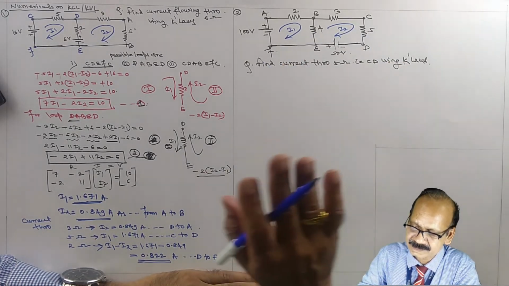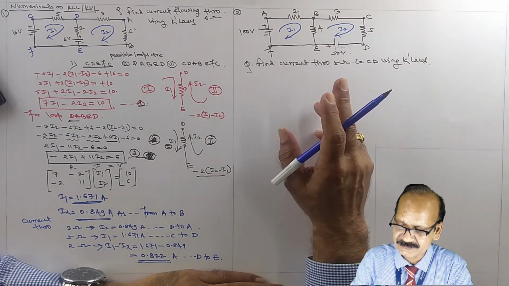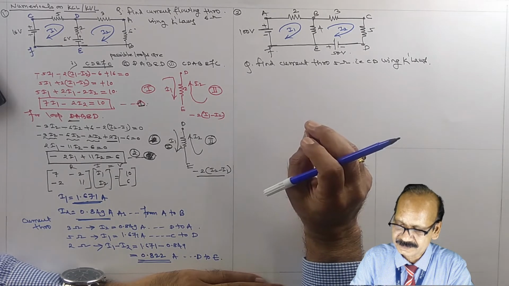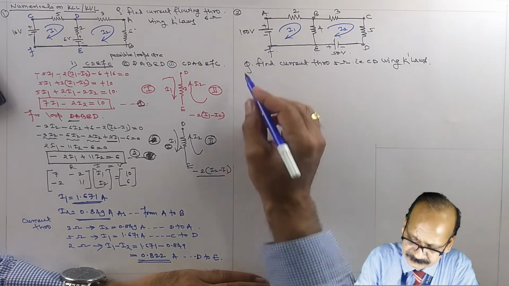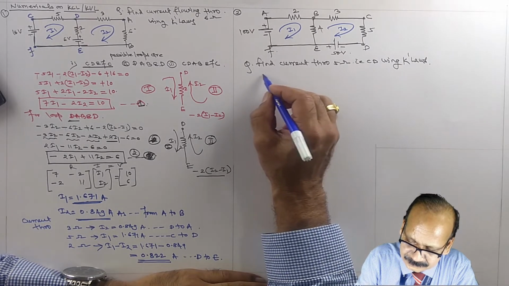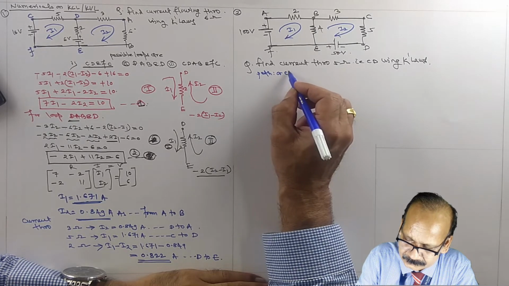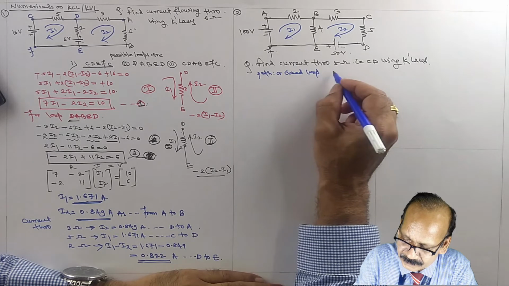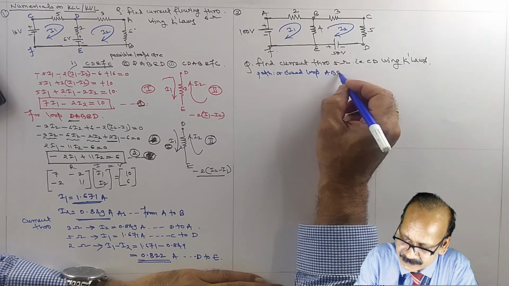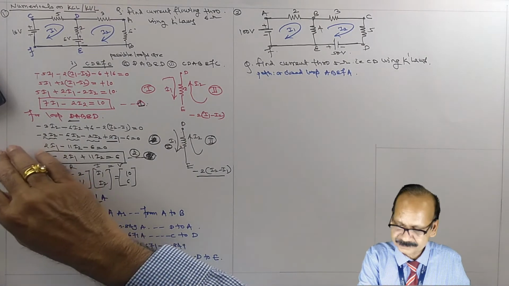Now here 3 closed paths are possible, but only 2 unknowns, so you can use 2 loops, 2 equations for finding the solution. Consider the closed loop A, B, E, F, A.